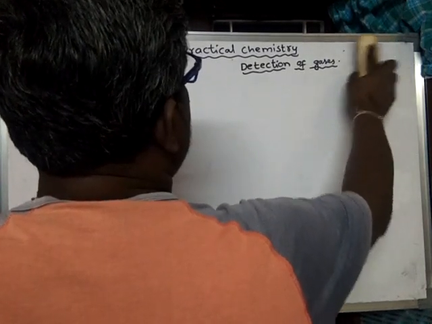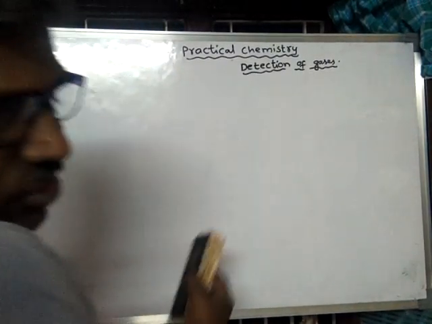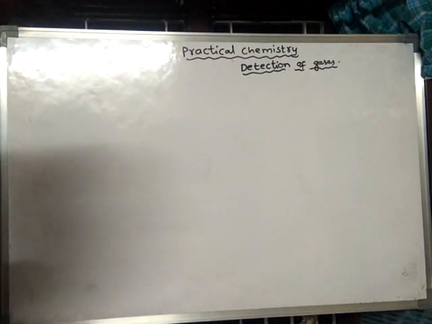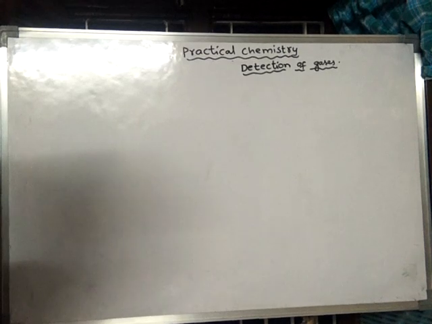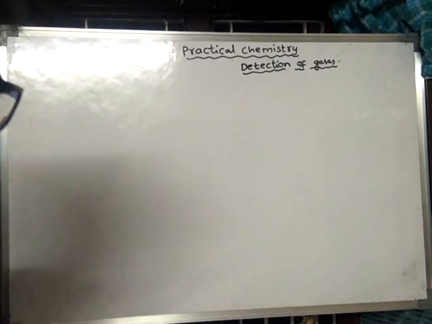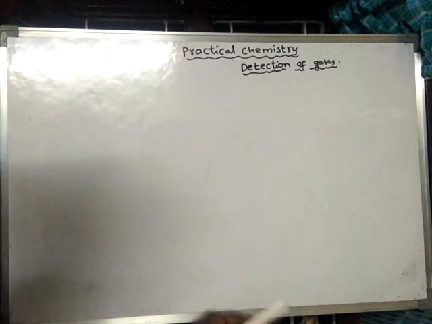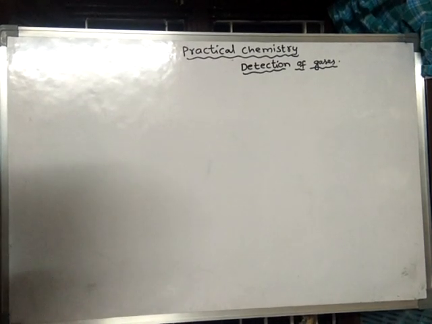Oxygen, hydrogen, and water vapor are neutral towards litmus. Other gases like NO2, HCl, Cl2, SO2, H2S, HNO3 are acidic in nature. We learned these things yesterday.